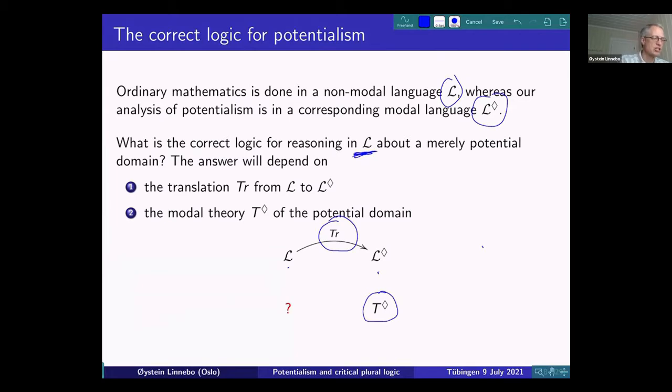Once you have fixed these two factors, the translation from one language to the other and the theory in the modal language, you can answer the question of what is the correct logic back in L. Okay, so I pause there for everyone to get a chance to absorb that, since this will really frame the entire remainder of the talk.